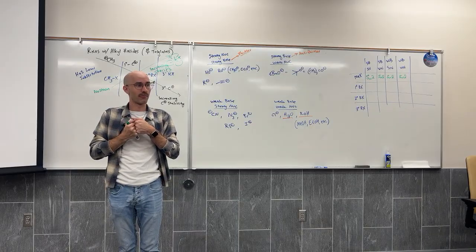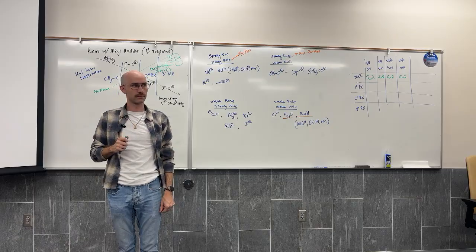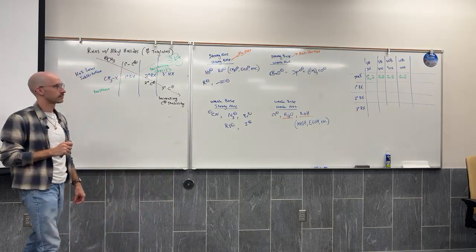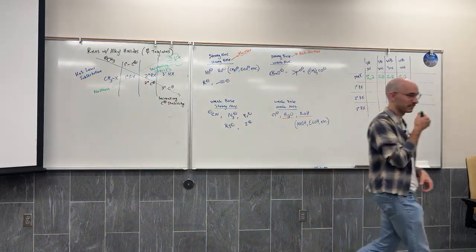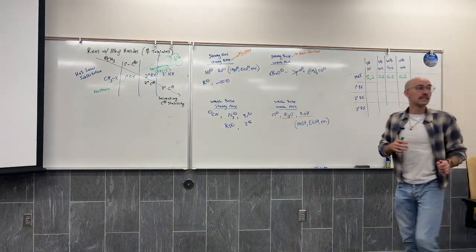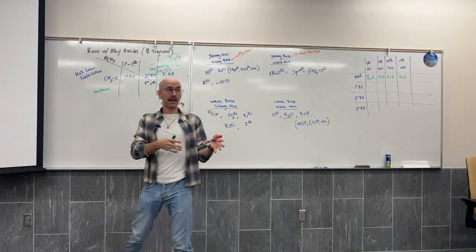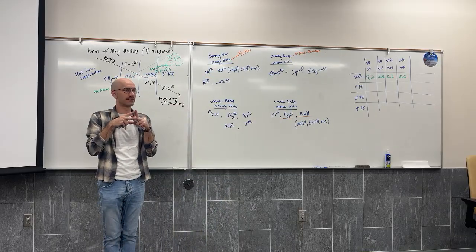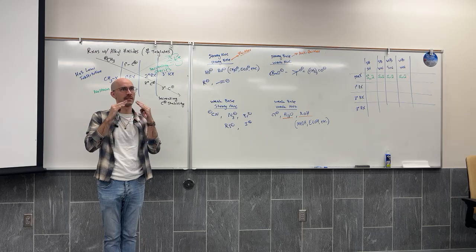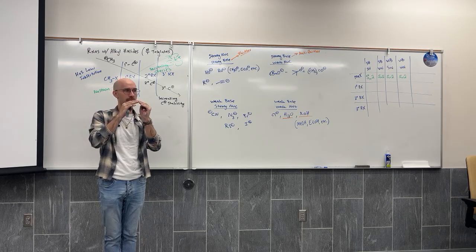Because when we talked about SN2, we talked about the rate-determining step. With that being two reactions, it's dependent on the quantity of each, and the more you have of each, the faster the reaction goes. That is the rate, but not the mechanism. The mechanism is what says the rate is dependent on both of them.